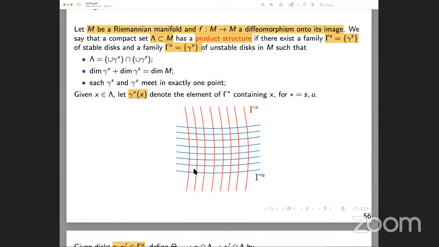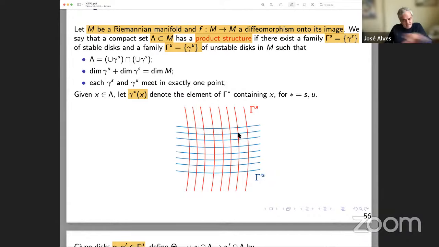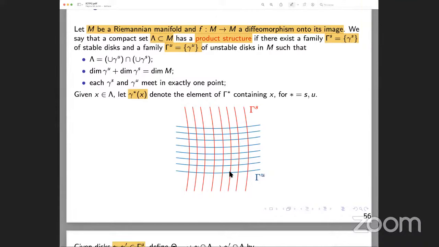It's a global product in lambda. Lambda is very small, but it's a global product. Now I get it. When you take a point here, it comes to some other point on which there is a stable disk and an unstable disk, so you can project down. Imagine you take this gamma 0 as the very first one here, and it comes here, so you can project down. Now it's clear. Thanks.